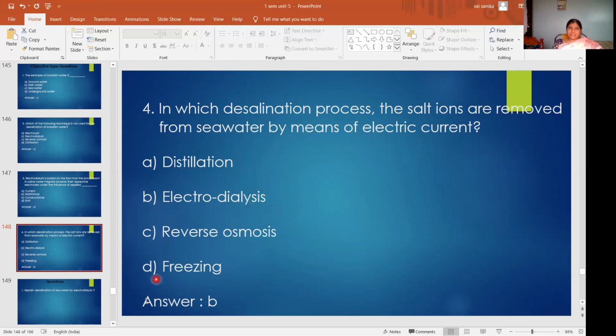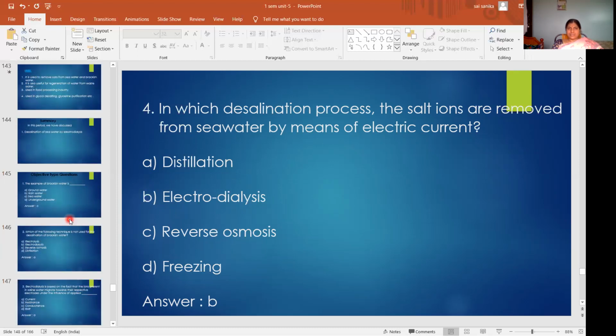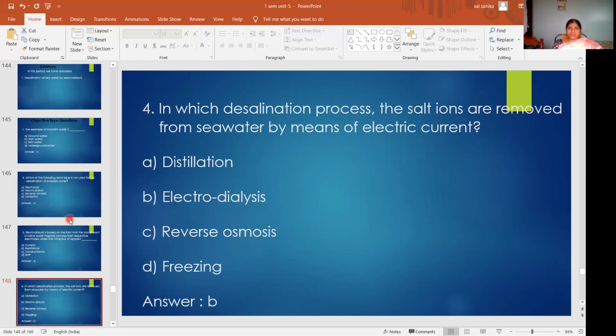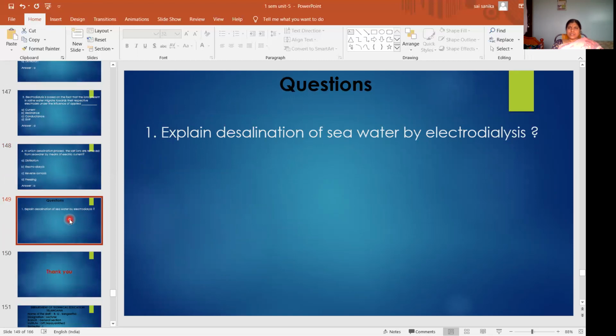So the answer is B. These are some of the objective type questions you may expect from this topic. Very simple questions. If you are perfect in that topic, you can answer any type of objective question.